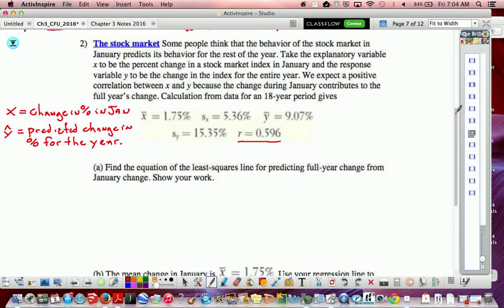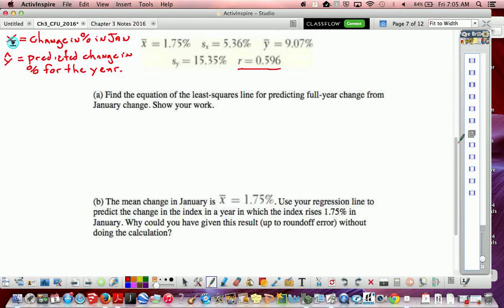Show your work. In order to get this equation, y hat equals a plus bx, we need to find the slope, then the y-intercept. So you're going to find b first, then find a. How do we go about finding b?